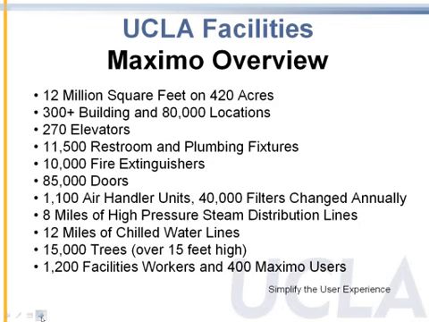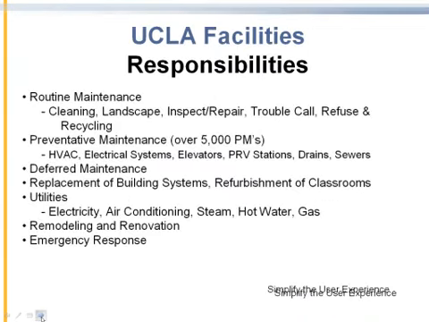This is kind of a sense of the scale of our operations here at UCLA. A lot of air handlers and filters and chilled water and the grounds and trees. And we have about 1,200 facility workers and 400 Maximo users. So that gives you a sense of the size and scope of what facilities does at UCLA.